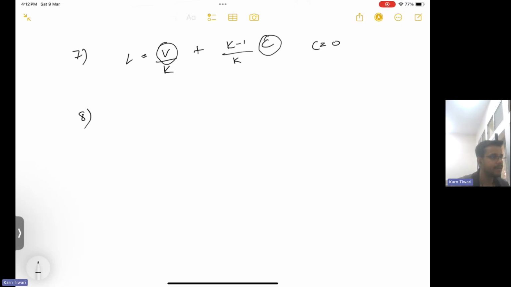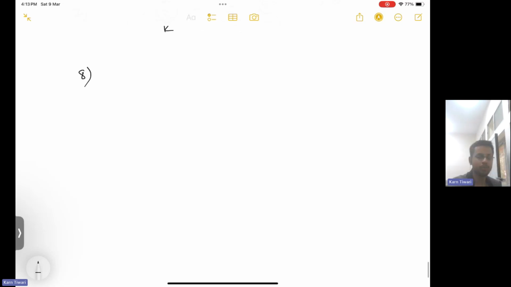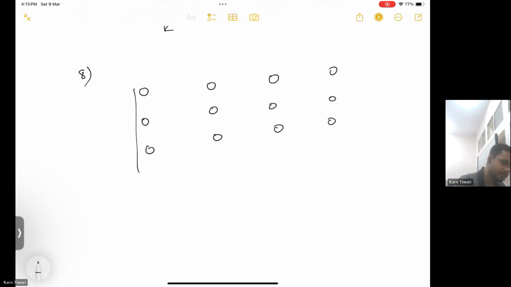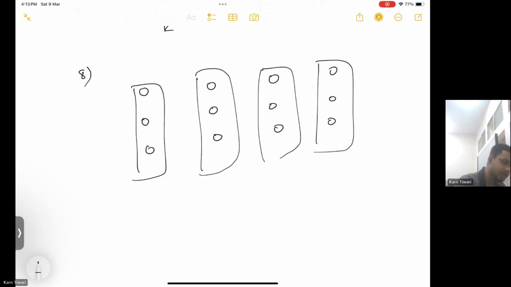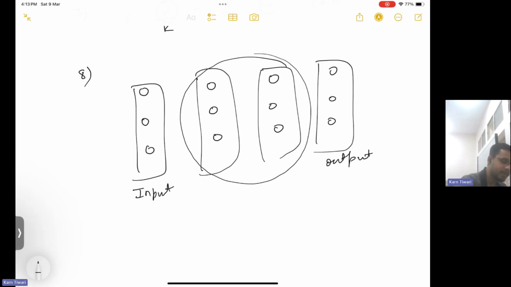Given a feedforward neural network, how many thinned neural networks can be formed from it? Thinned in the sense of how many dropouts you can do. The model they have given is something like this. This is the input, this is the output, and a total of 6 neurons in between.